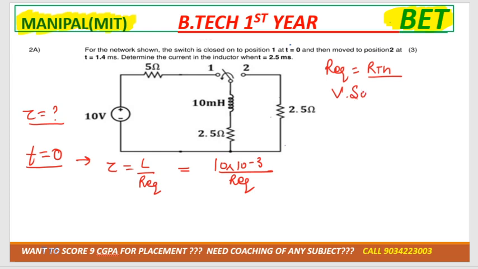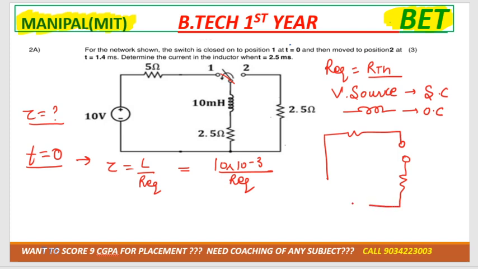So for that, voltage source must be short circuit and inductor must be open circuit. So let's redraw the diagram. Voltage source short, inductor at t equals to 0, switch is connected to position 1, inductor must be open circuit, right? So we'll have only two resistance.